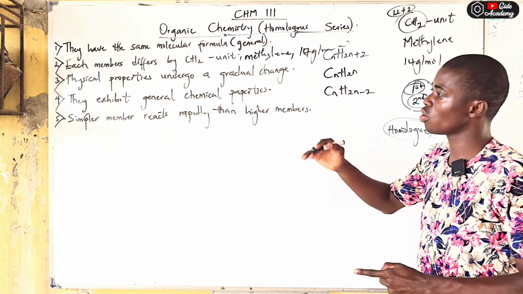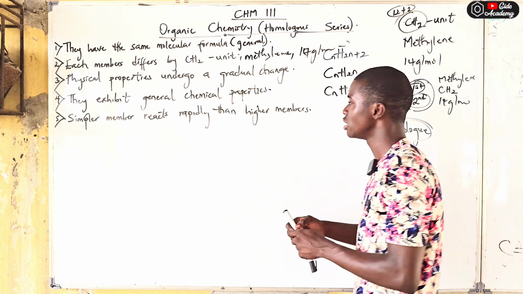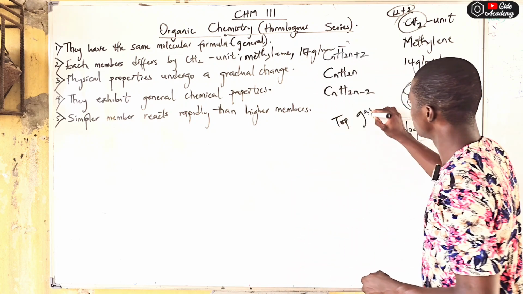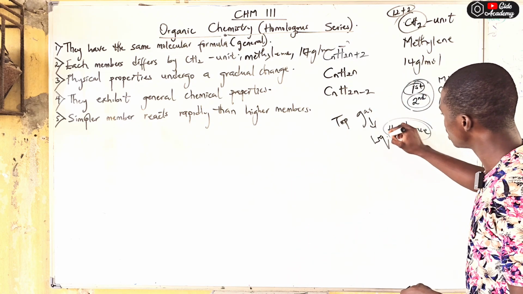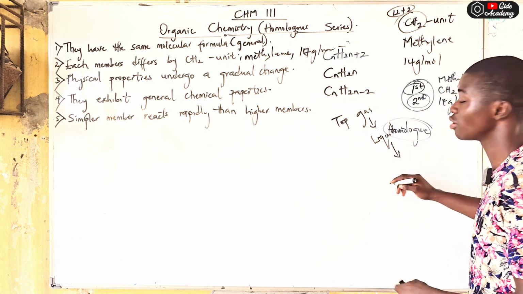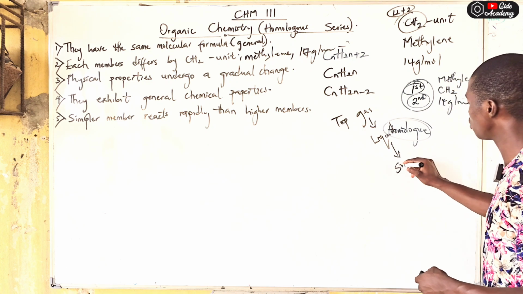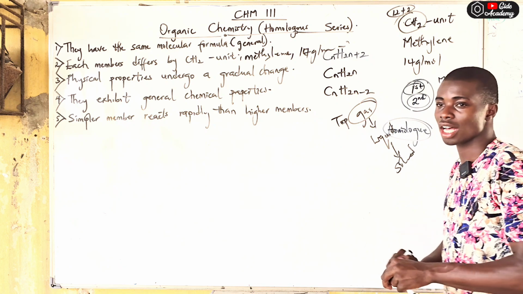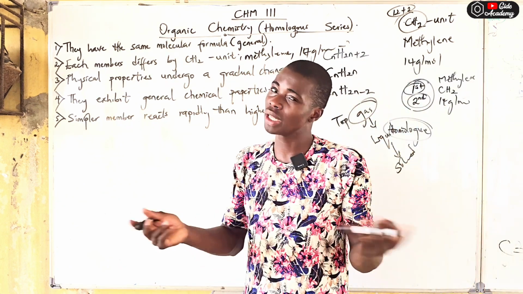Then the third one, we have the physical properties undergo a gradual change. The top members can be gases, moving to liquid. Then the members with a heavier number of carbons can be solid. So there is a gradual change in physical property. As you are moving down, the solubility can also change.